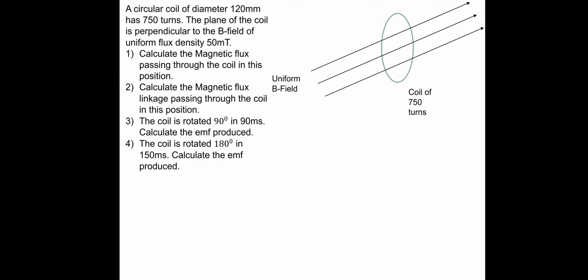In 3, the coil is rotated 90 degrees in 90 milliseconds. Now remember, in a 90-degree turn, at some point you will be at a maximum, and at some point at a minimum. So it's just the maximum flux minus 0. So EMF is equal to N change in flux over change in time.